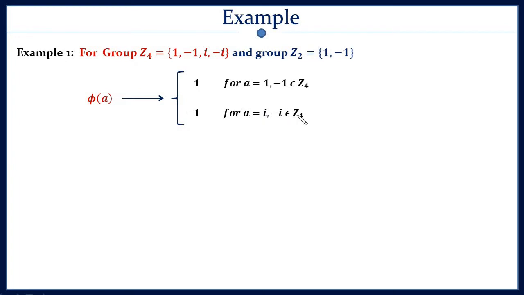This relation says that group Z4 is mapped to group Z2 via relation phi, and 1 will be mapped to 1, minus 1 will be mapped to 1, i and minus i will be mapped to minus 1.